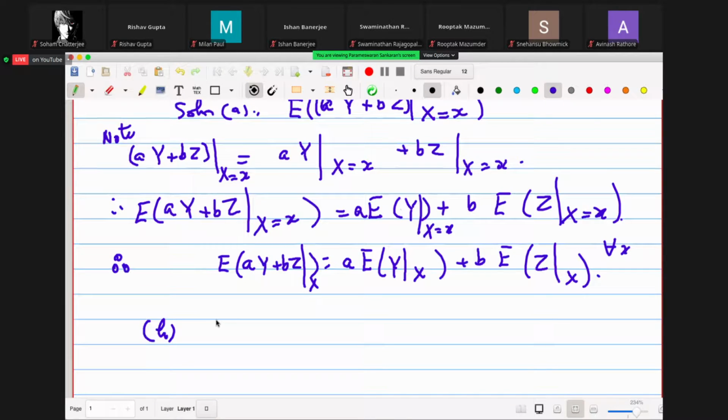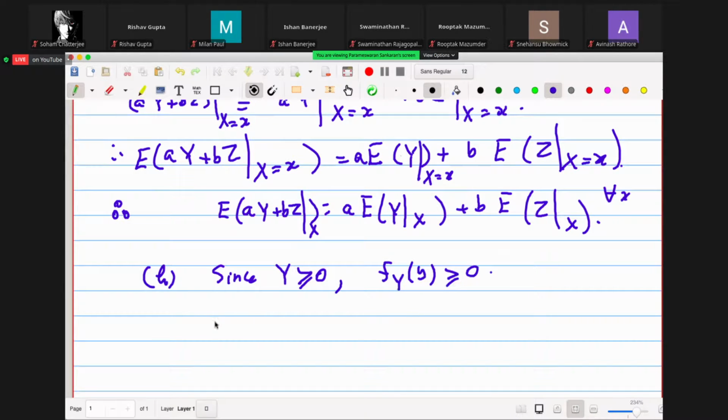So since y is bigger than or equal to 0, this f of y given x, let me write it like this. F of y, this is what it means to say this is greater than or equal to 0.